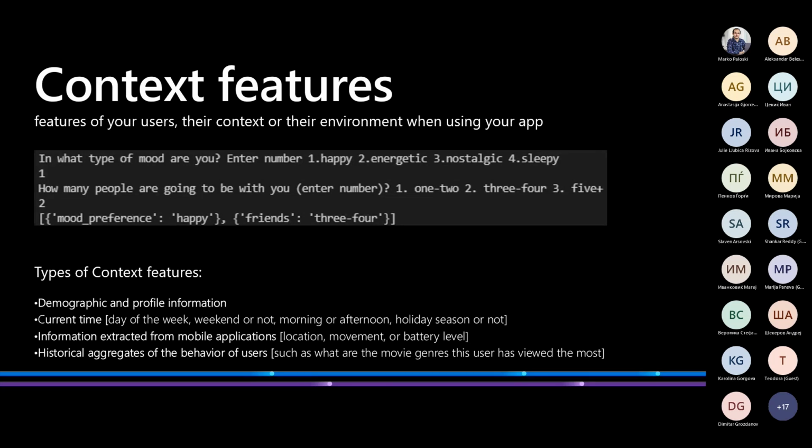It could be not only these very basic questions for our demo, but of course it could be more useful to have demographic and profile information, the current time where the user uses the application, also the day of the week, if it's a weekend or if it's morning or afternoon, and if it's a holiday and so on. It depends on the information that you want to give to Personalizer for your application. Then it could be information extracted from mobile applications, the location, movement, and battery level.